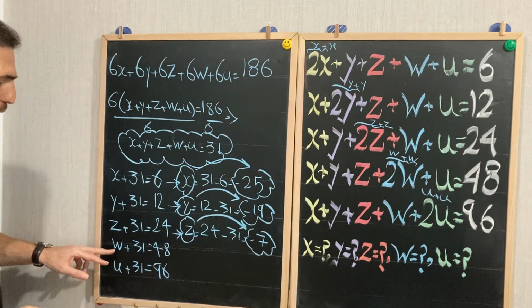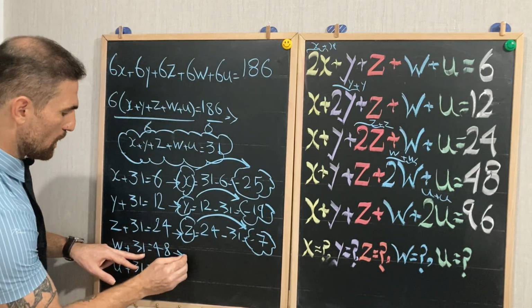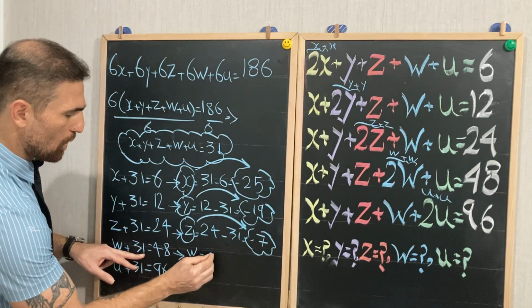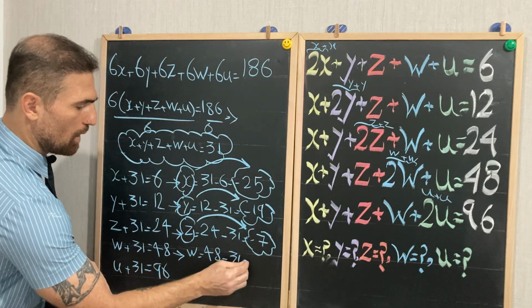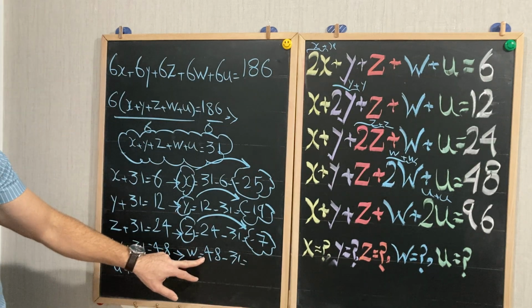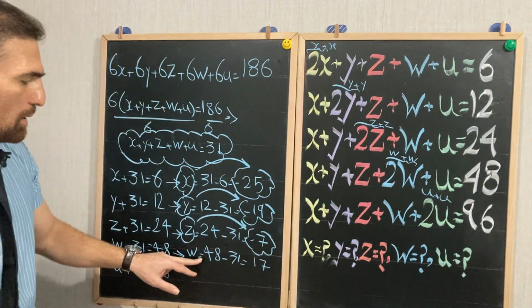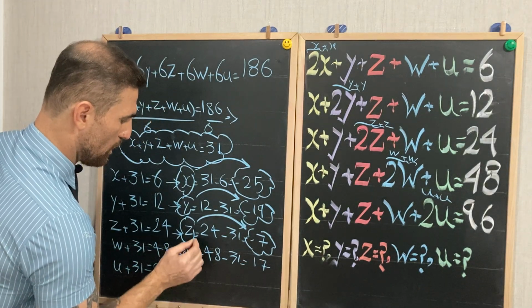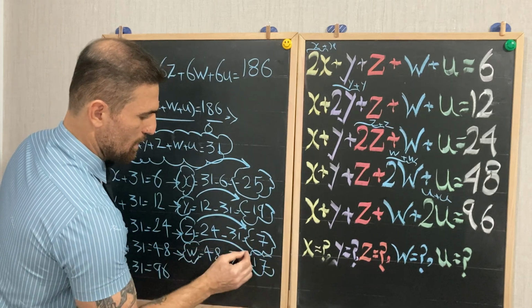Next one, w plus 31 equals 48. So we can write w equals 48 minus 31 equals positive 17. So the value of w equals 17.